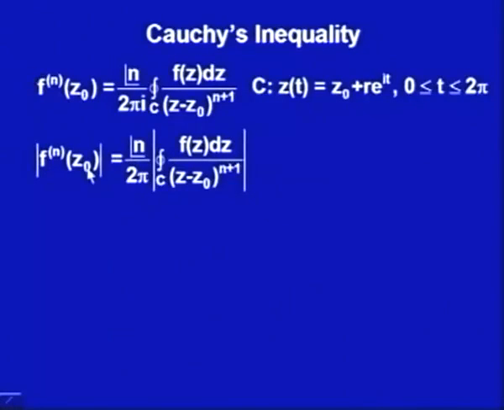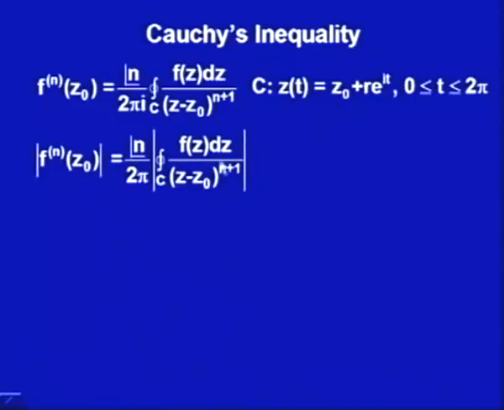Now, the absolute value of the nth derivative at z naught would be the absolute value of this one. So, the absolute value of n factorial upon 2 pi i would be n factorial upon 2 pi, multiplied with the absolute value of this integral, that is the integral along the path C of f(z) upon (z minus z naught) to the power n plus 1.